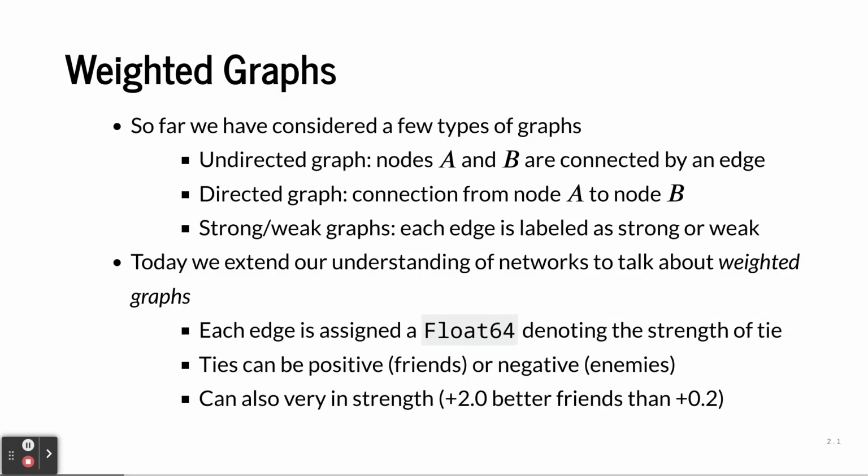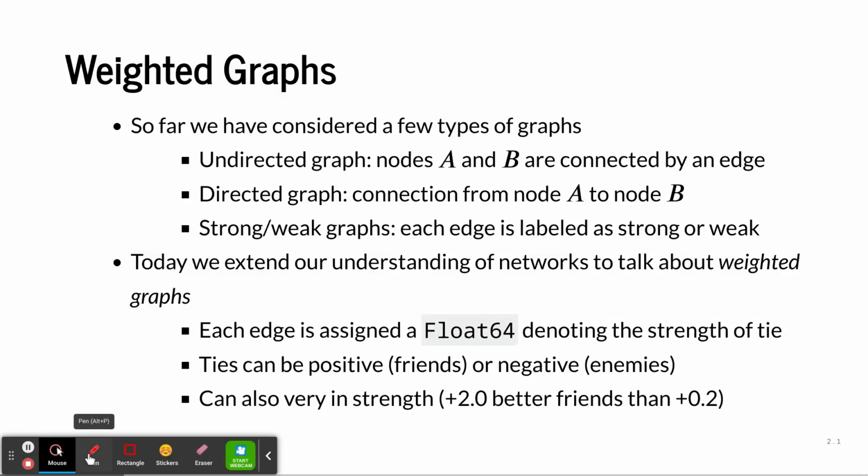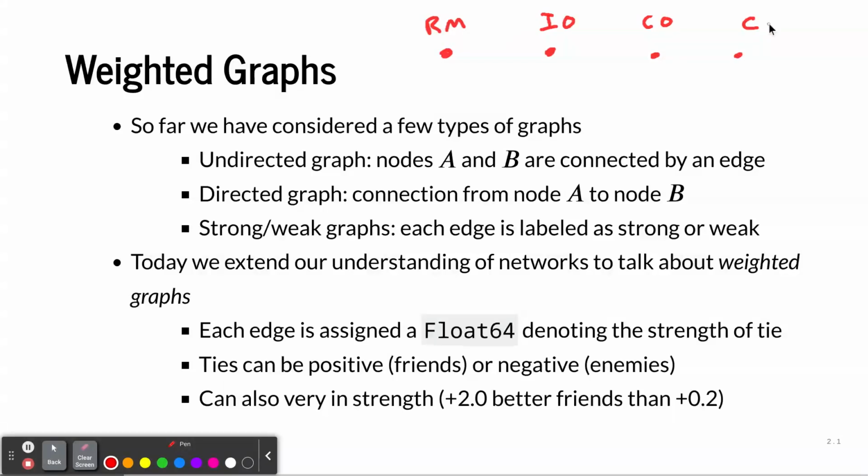In this scenario, you would have nodes for each firm. Let's go ahead and draw this. You would have nodes, say, for the raw materials firm. You'd have another node for the intermediate outputs, the consumer outputs, and finally the consumers.